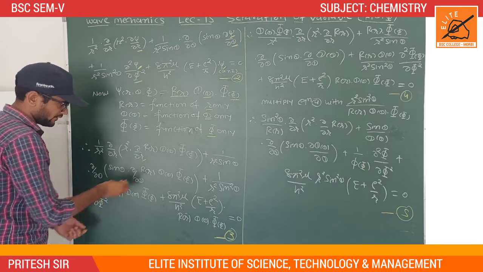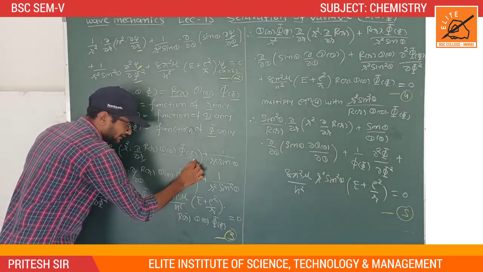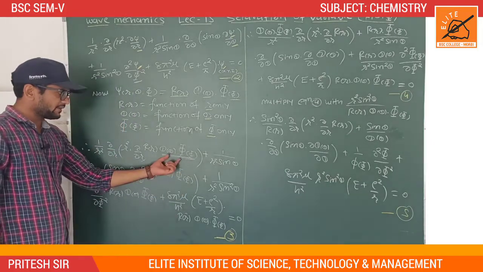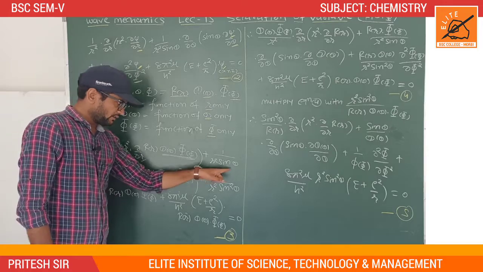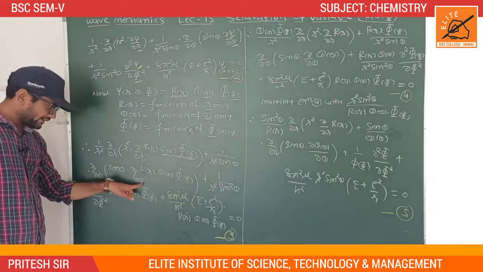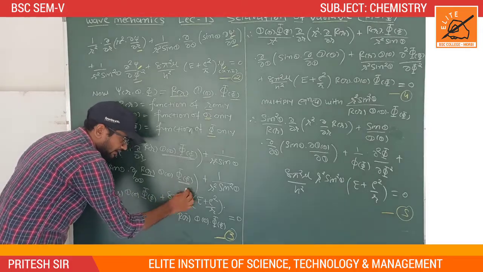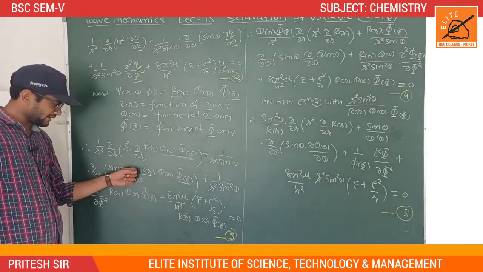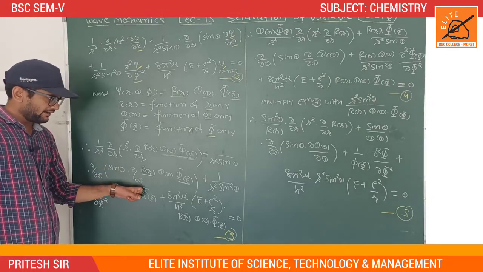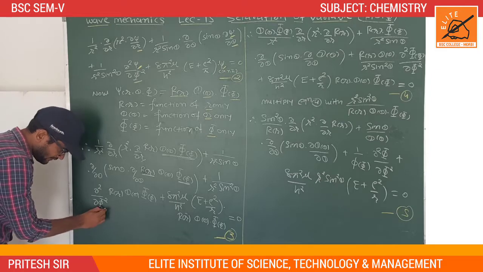Here the variable is r, so these two are constant in the first term. Same for the second term, where the variable is d by d theta, so the other terms are constant. And the last one is differentiation with respect to phi.